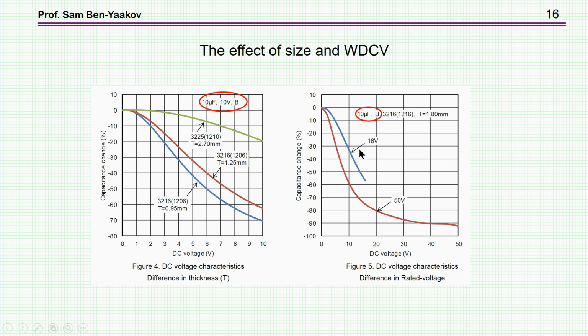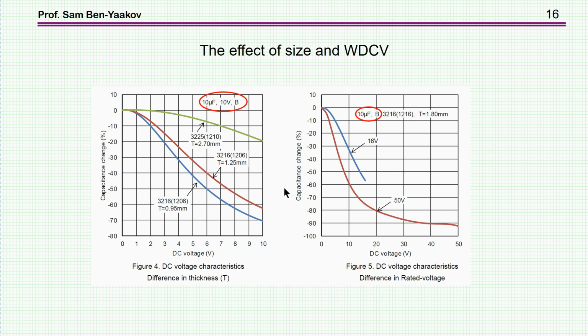Now, if you compare 10 microfarad, same material, but different maximum voltage, you also see a much different behavior, which is kind of strange. You would expect that the 16 volt will be like the 50 volt, except that it'll stop here, so it'll be something like this. But not in this particular case. This is not typical.